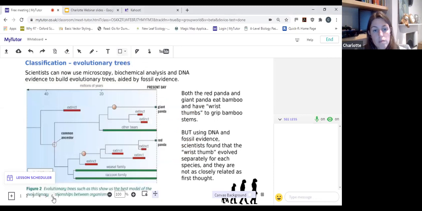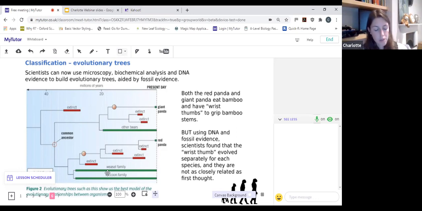Having learned to classify organisms, you can then use that classification system to help build up an evolutionary tree. Scientists can use microscopy, biochemical analysis, and DNA evidence to build evolutionary trees, aided by fossil evidence.